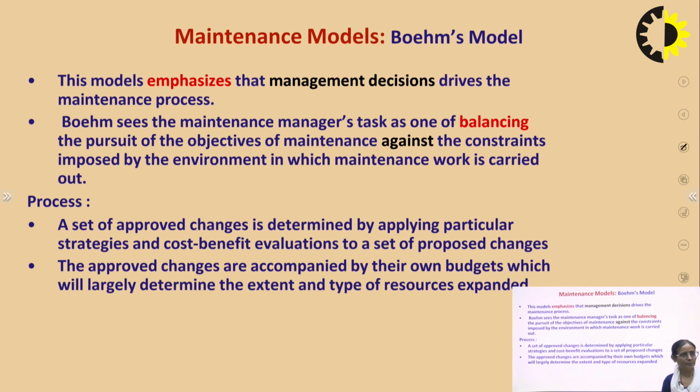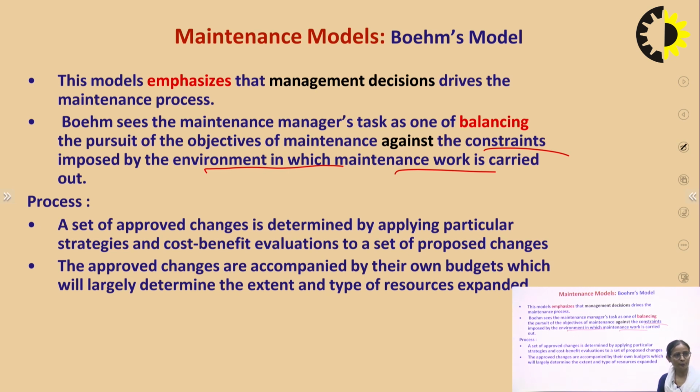Another model is the Boehm's model. This model emphasizes that management decisions drive the maintenance process. Boehm sees the maintenance manager's task as one of balancing the pursuit of objectives of the maintenance against the constraints imposed by the environment in which the maintenance work is carried out. How is it being done?